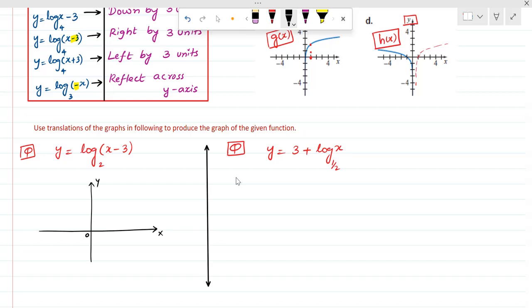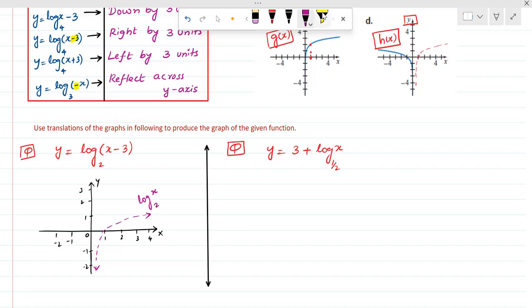So this is 0, 1, 2, 3 and 4, and here minus 1 and minus 2. This is the standard graph, y equals log x base 2.